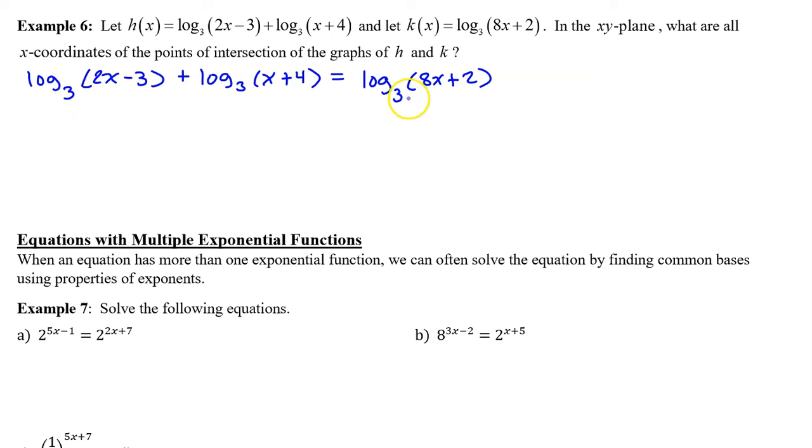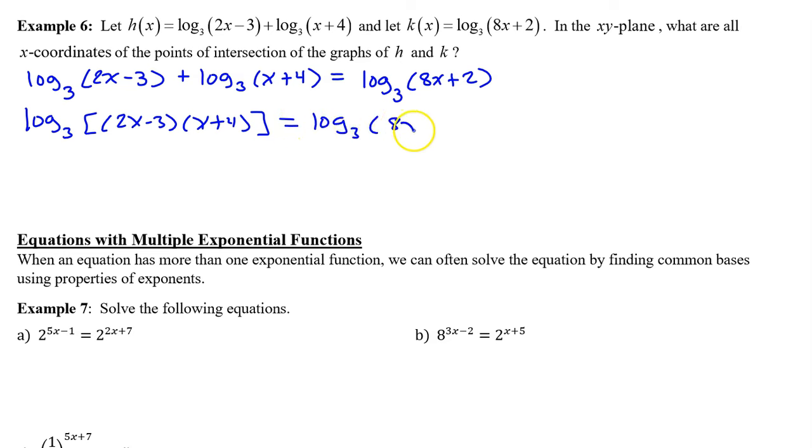We begin with this, but we know that the sum of two logs can be rewritten as the single log of a product. So the log base 3 of 2x minus 3 times x plus 4. And this will equal the log base 3 of 8x plus 2.